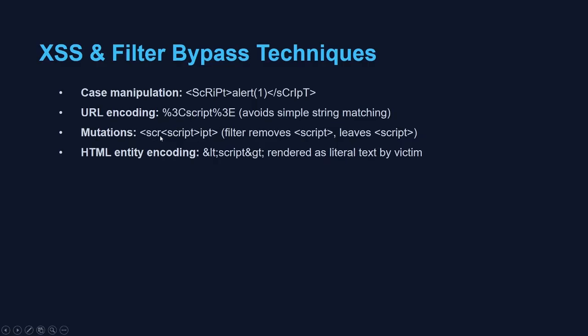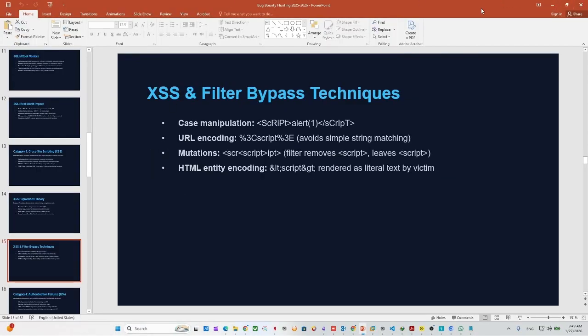You can also mutate it, like put script inside script, so if the filter removes script, it still leaves script. Then there is HTML entity encoding, which shows as literal text to the victim. So let's just see how it works first.